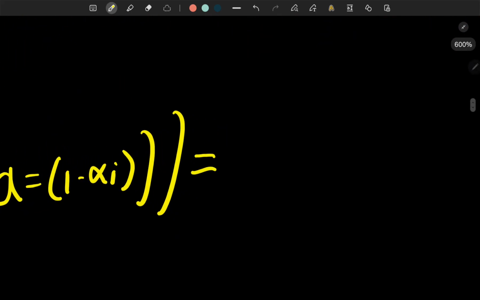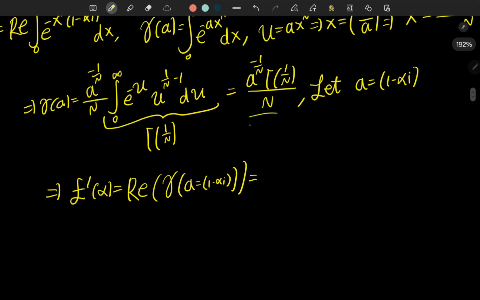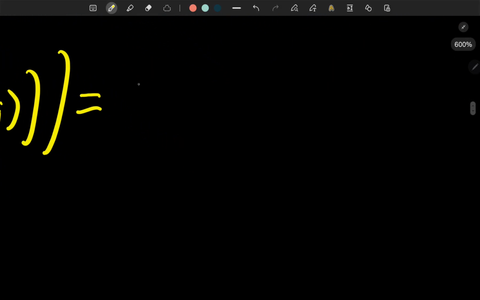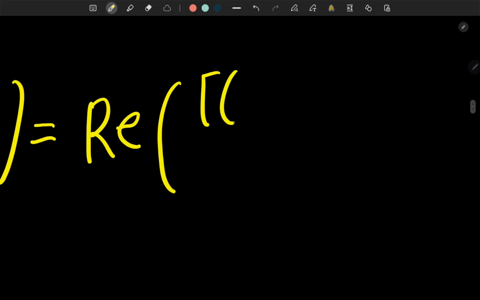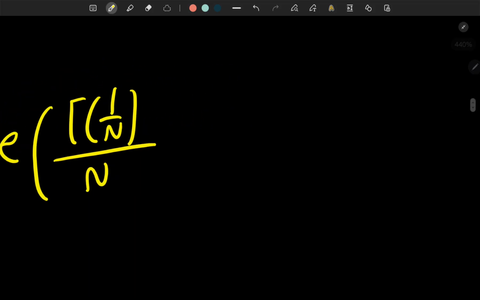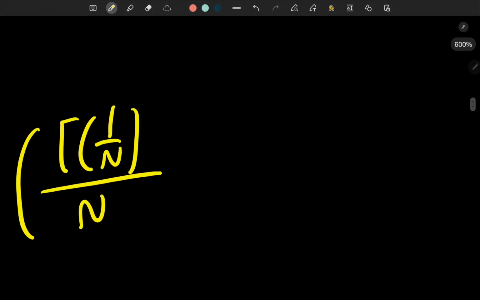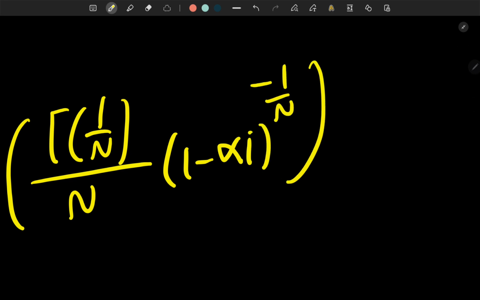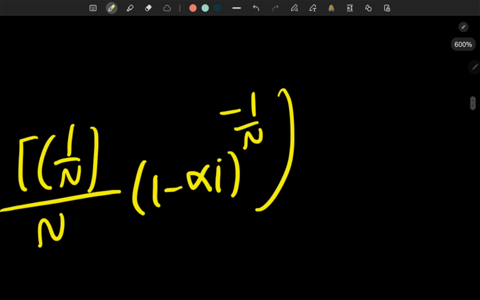Which is also equivalent if we look at the result for gamma of a. This would be the real part of gamma of 1 over n times 1 minus alpha times I to the negative 1 over n. Okay, this is very nice.